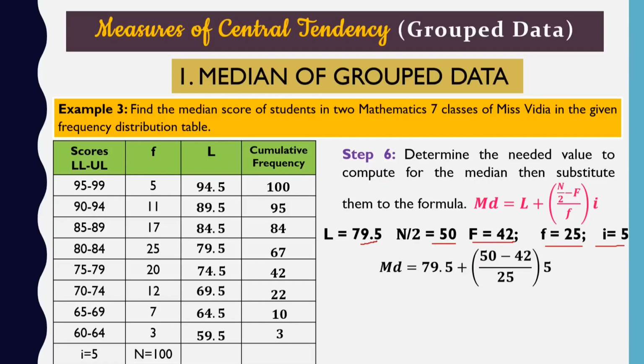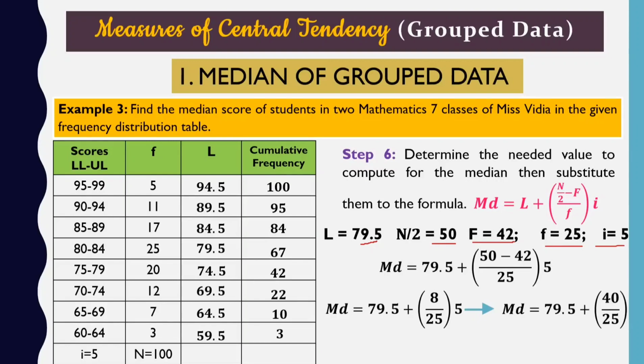Substituting all of those values, we will have 79.5 plus the quantity 50 minus 42 divided by 25, multiplied by 5. Simplifying further, we have 79.5 plus the quantity 8 over 25 times 5. And then we can multiply these two, or we can use cancellation.